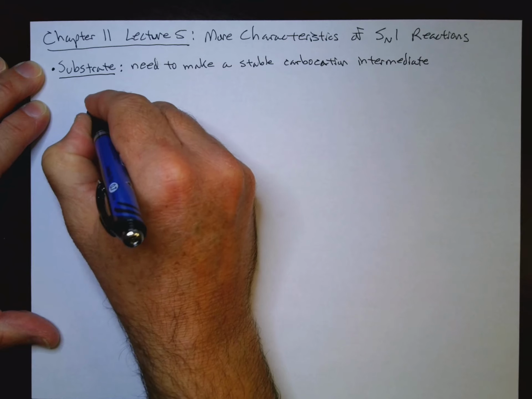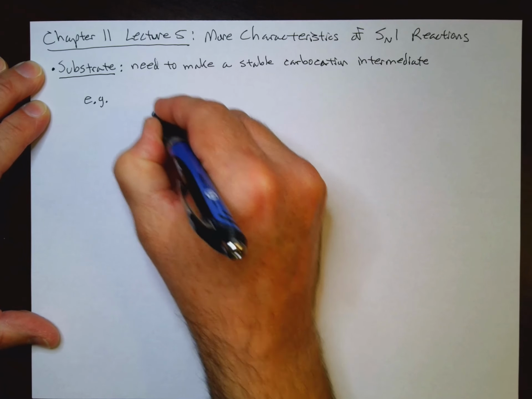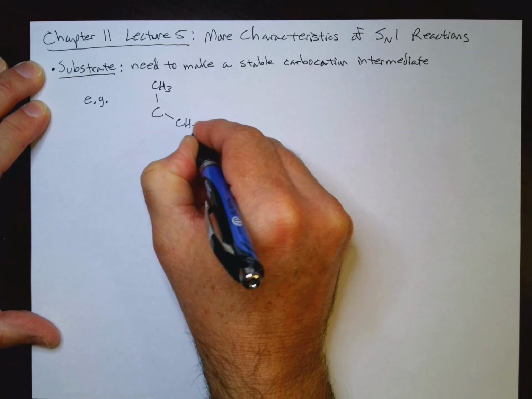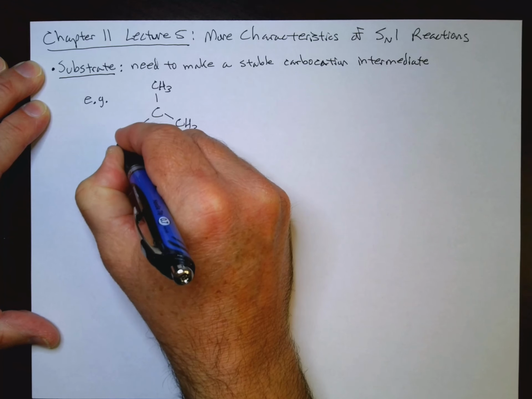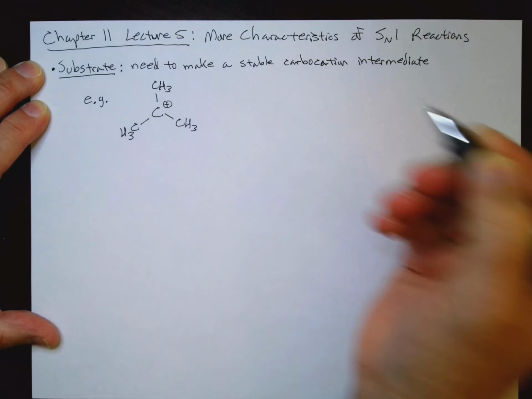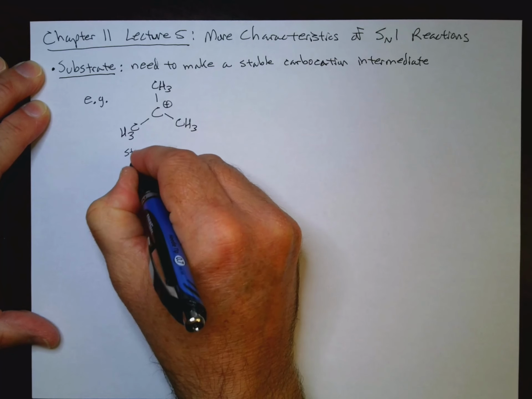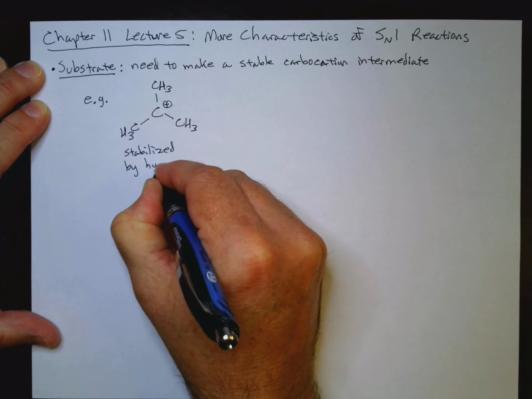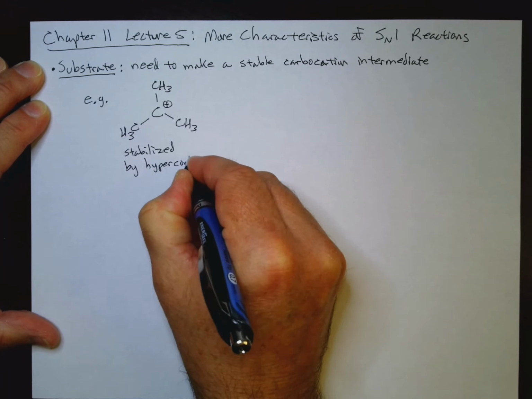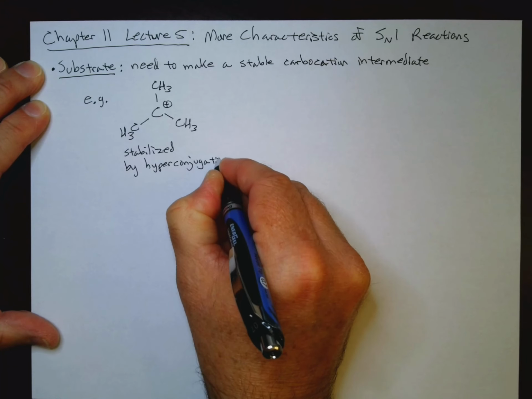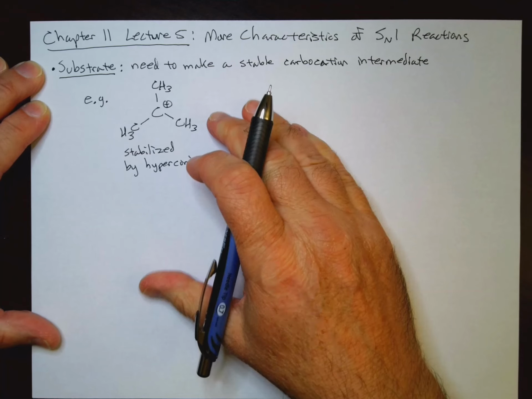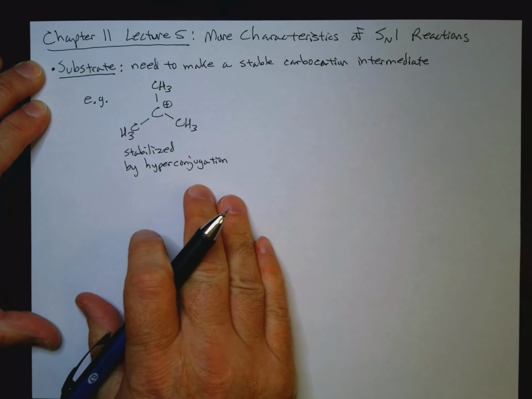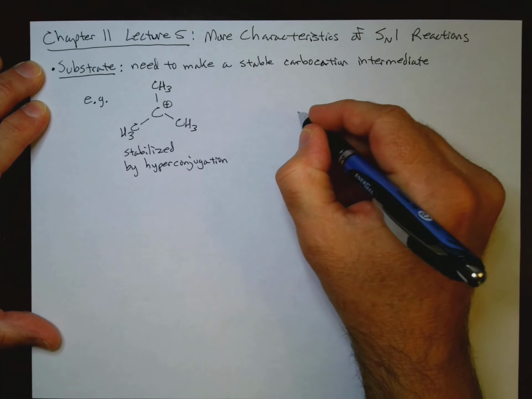So, for example, if we got the T-butyl carbocation here, this is stabilized by hyperconjugation. So think back to, we talked a little bit about carbocation stability back in chapter 7, so you can go back and look up hyperconjugation.